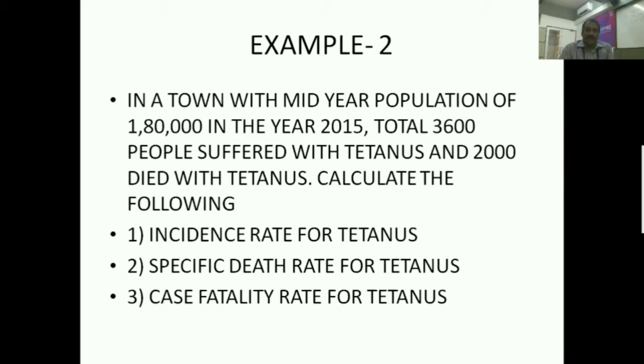Calculate the incidence rate, the specific death rate, and the case fatality rate for tetanus. You try to solve this on your own. First write down the formulas, then substitute the values and find the solution. Understood? You must follow the procedure.